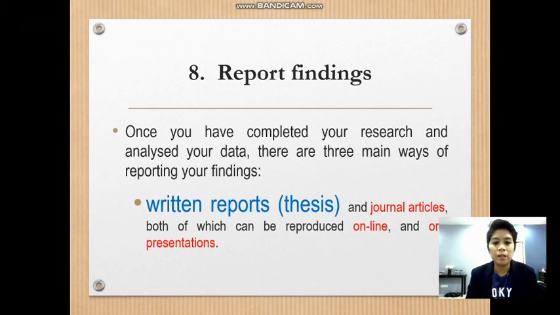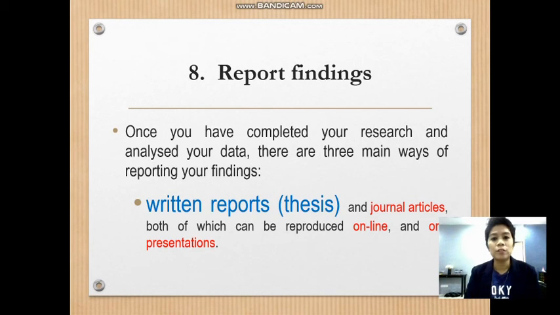Okay, and then the last will be reporting findings. You compile everything and report the findings in three ways. First, in the thesis that you did, and it can be journal articles. Sometimes I conduct it among my supervisors, and then it can be an oral presentation or at conferences, but in your part we are going to report it in the research project next semester.